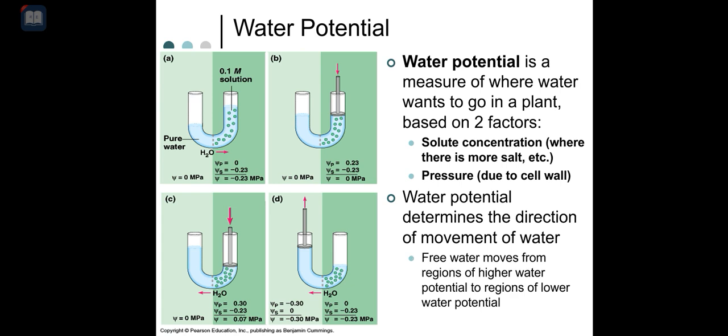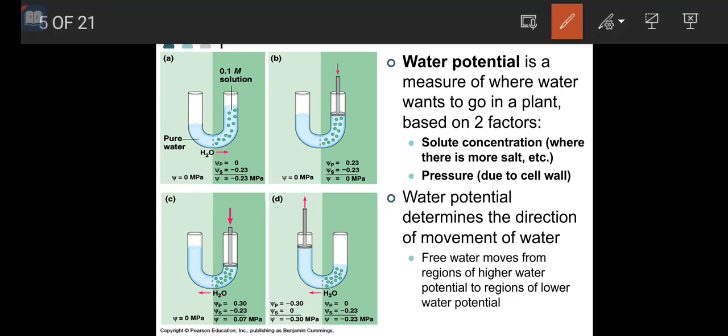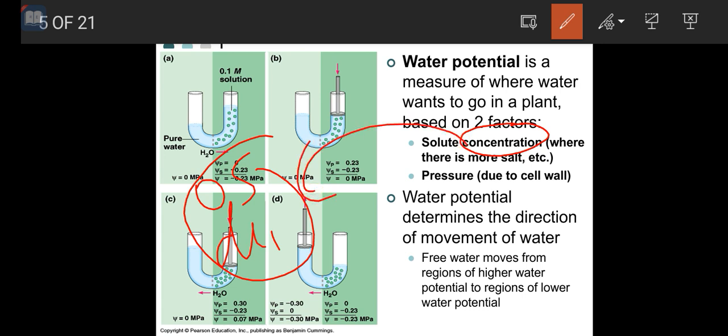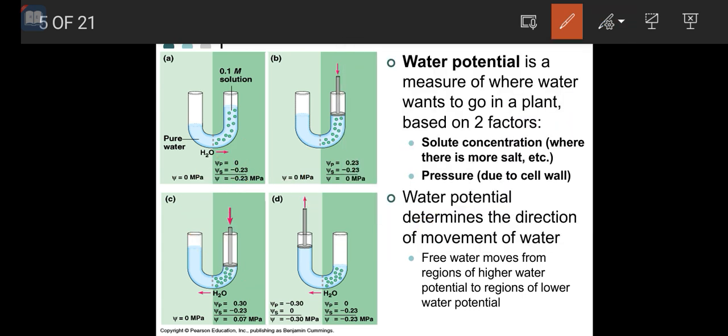We find clearly in osmosis or diffusion that the most important thing is the concentration of solute. On the basis of concentration it is easily transferred. Here is the pure water, and here the 0.1 molar solution.